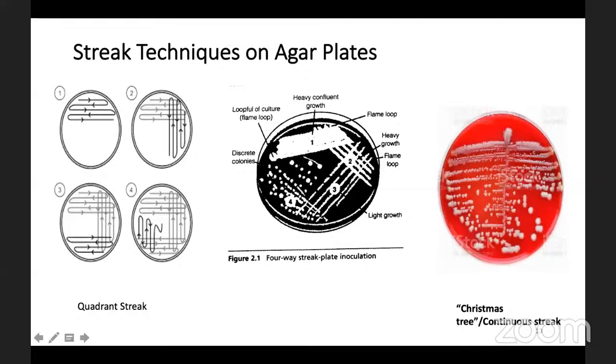It is also called Christmas tree streaking or the continuous streaking. And so with this, you can push this in one corner, divide your plate into 4. You get this one corner, another quadrant here, another here, for your urine culture. If your lab is rich enough, you can use a whole plate for urine culture, which I don't advise.